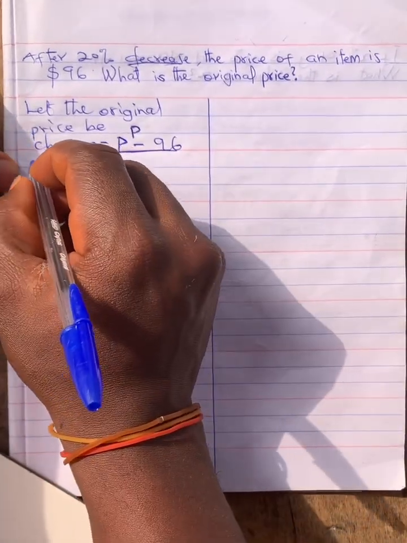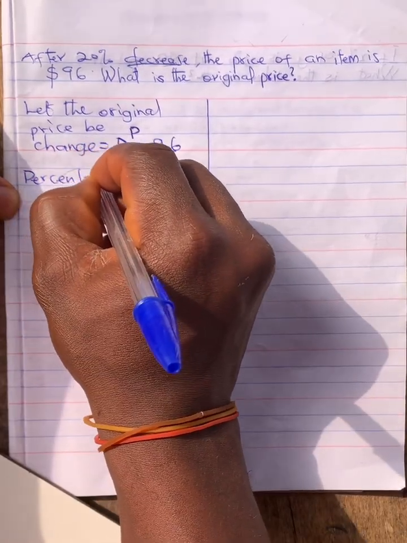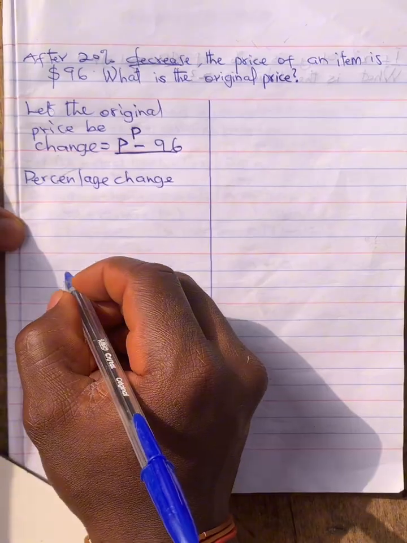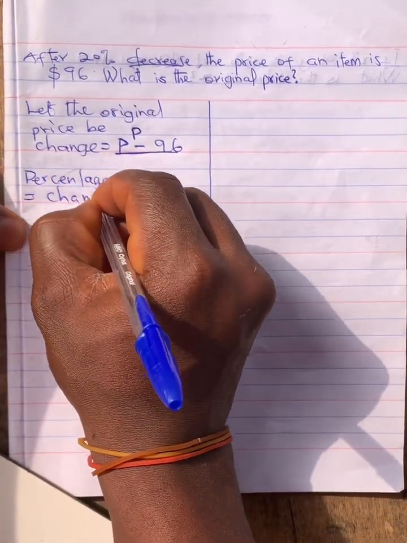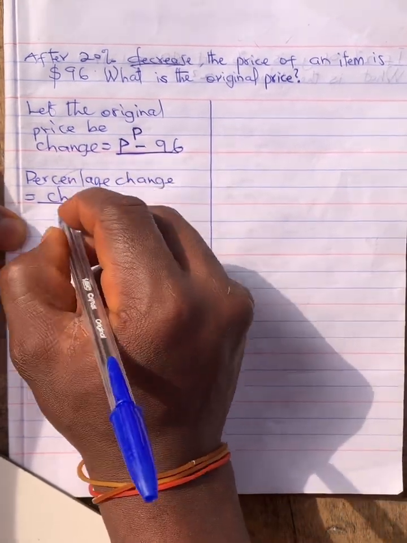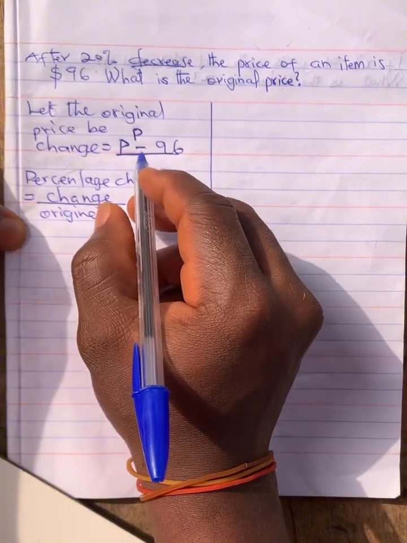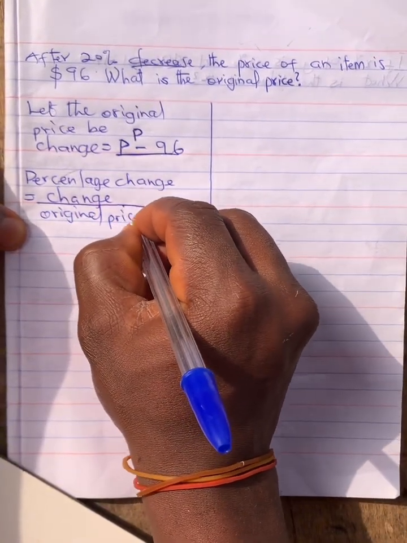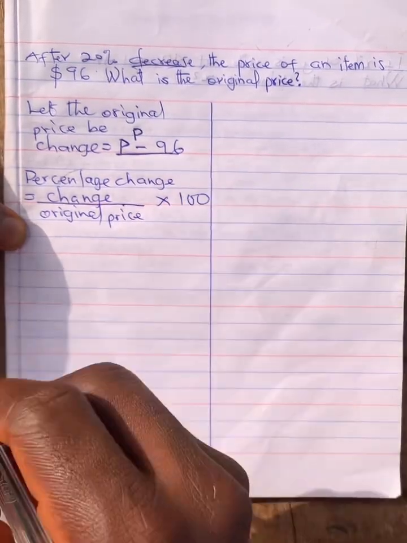So to get a percentage change, with a formula, percentage change equals the change, that's P minus 96, out of the original price, or the original number, multiplying 100.